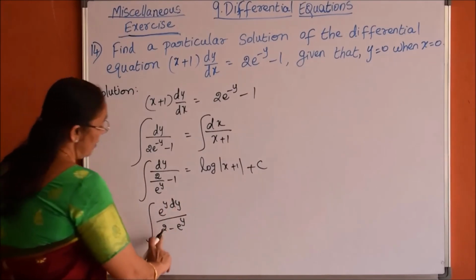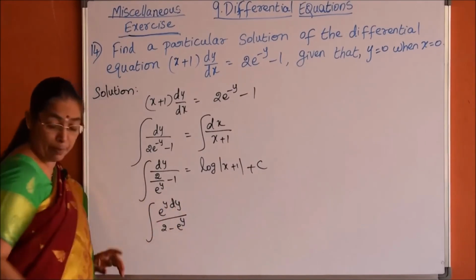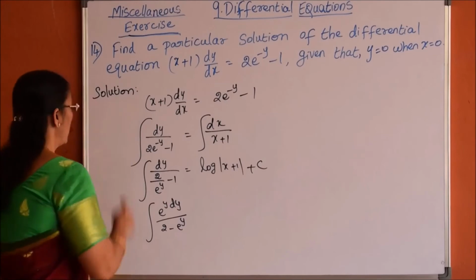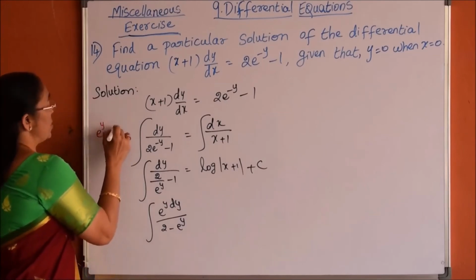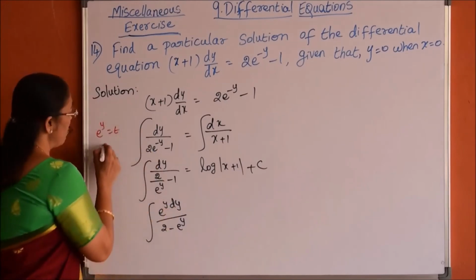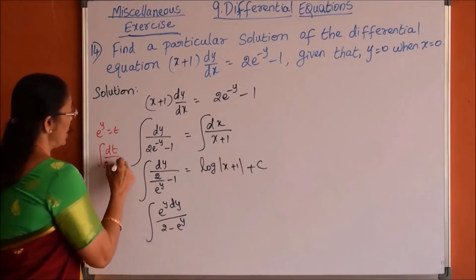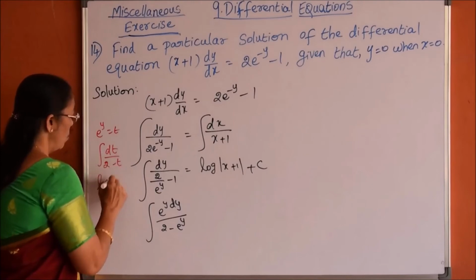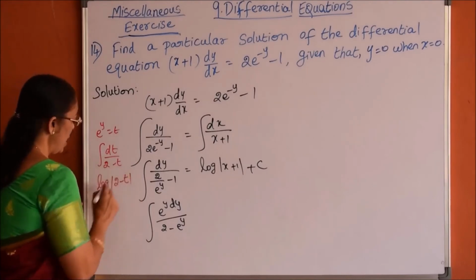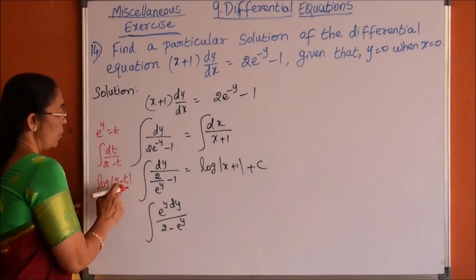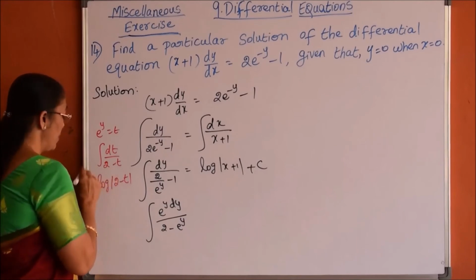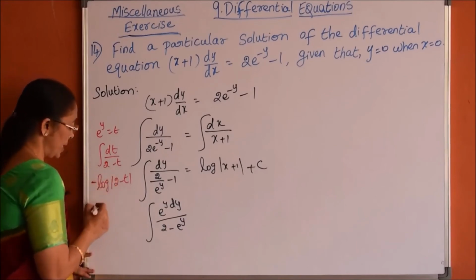We will substitute e power y as t. So, when we substitute e power y as t, then e power y dy is dt, and we will get dt divided by 2 minus t, which is log mod 2 minus t divided by minus 1, since the coefficient of t has to be divided, or minus log mod 2 minus t.